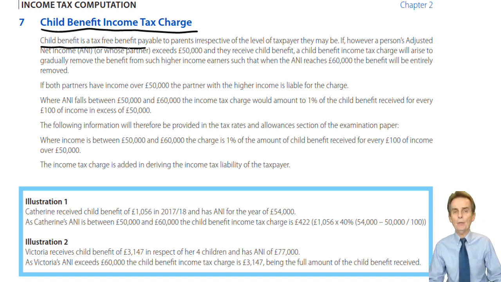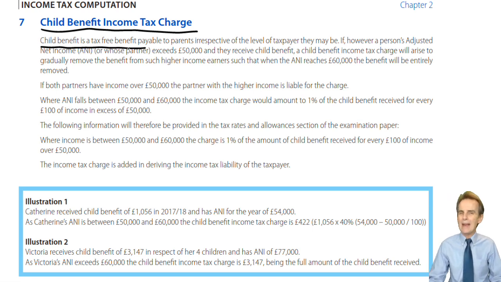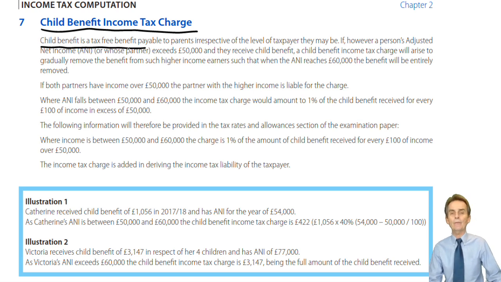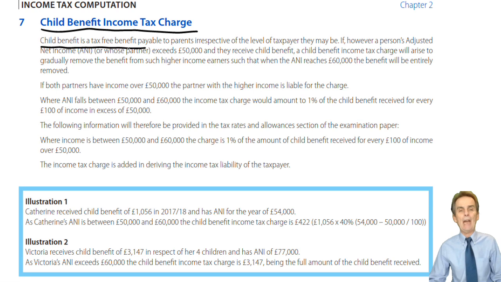What has now happened is, although the benefit itself will still be exempt, if you have an adjusted net income, a figure I'll remind you about in a moment, in excess of £50,000, then you start to lose the benefit of that state benefit in the form of a tax charge placed thereon, a figure that will be added in deriving the taxpayer's overall tax liability. Again, it's a sliding scale.